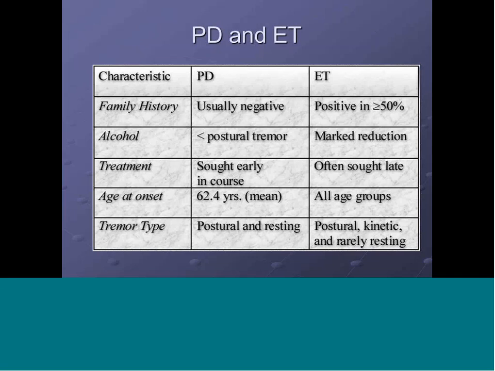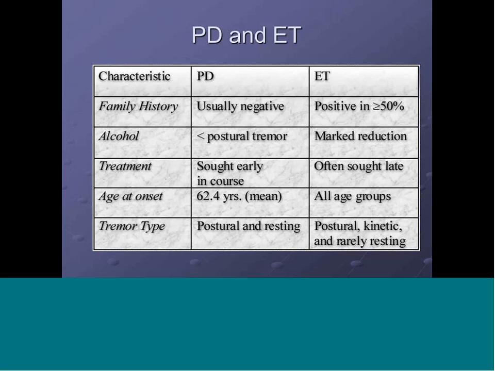So a little comparison of tremor that comes with PD versus essential tremor. Usually you don't see a family history of Parkinson's, whereas in essential tremor, more than 50% have positive family history. And we think that's what's called familial essential tremor, that there may be a gene involved which has not been identified as of yet.